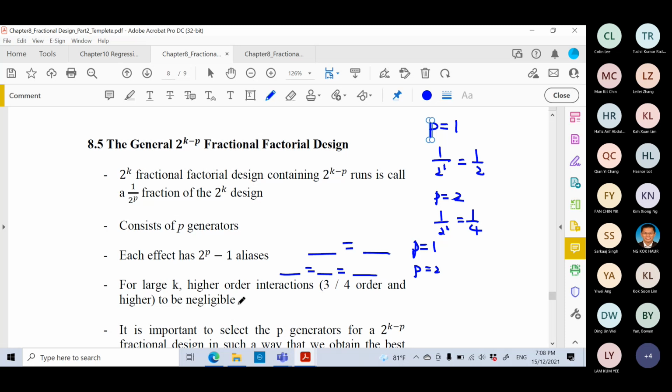Therefore, those high order interactions we normally try to ignore, unless you have enough information to maintain them in your model. Otherwise, for the high order interactions, most of the time we need to give them up because we already run 1/2 or 1/4 of the fractional design, so we need to give up certain information. Okay.